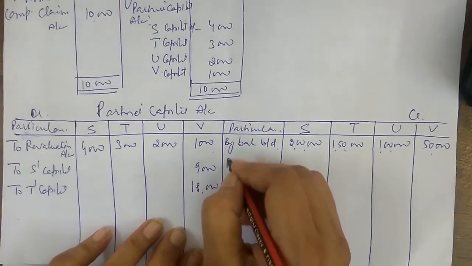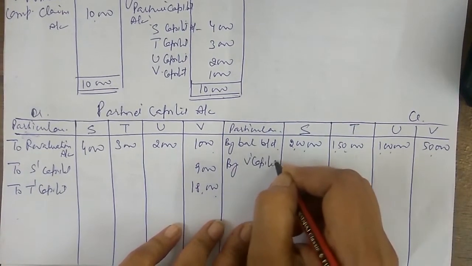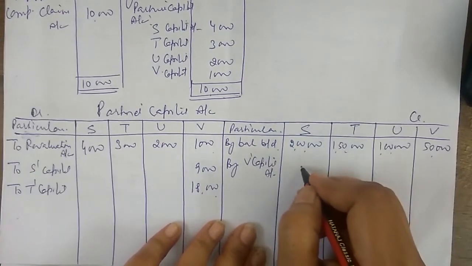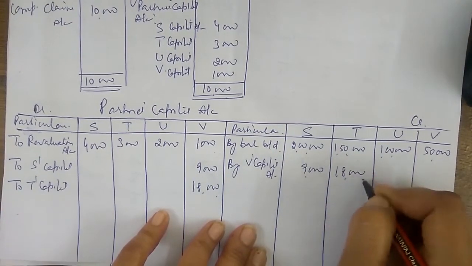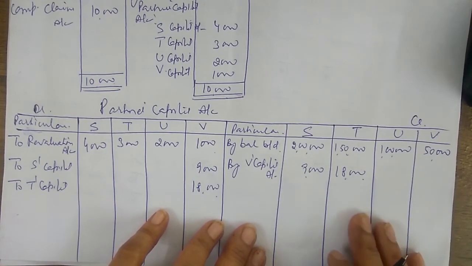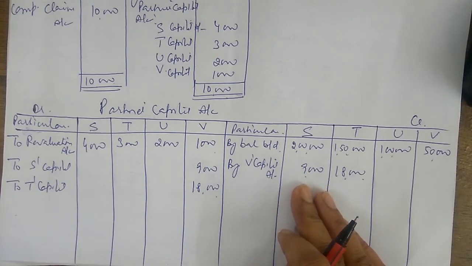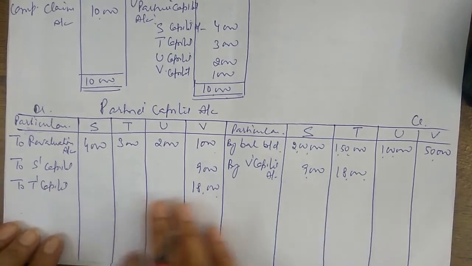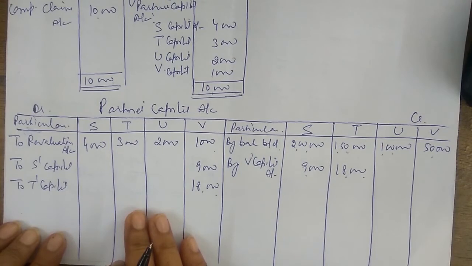You need to show it clearly, but on this side we will write by V's capital account. In S it will be 9,000, S को 9,000 दिए हमने and T it is 18,000. Clear? So we have shown the effect of adjustment of goodwill, that is firm's goodwill is given gaining partner to sacrificing partner. So just see कि these are all the various amounts we have to show in the partner's capital account.